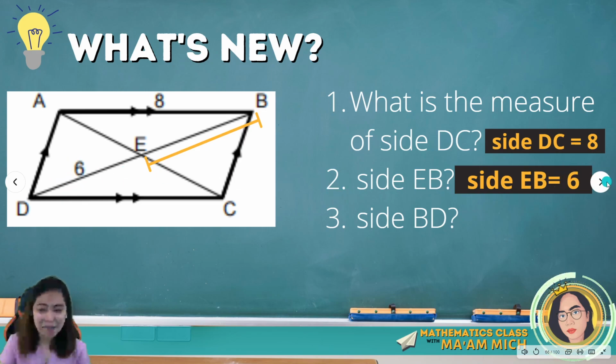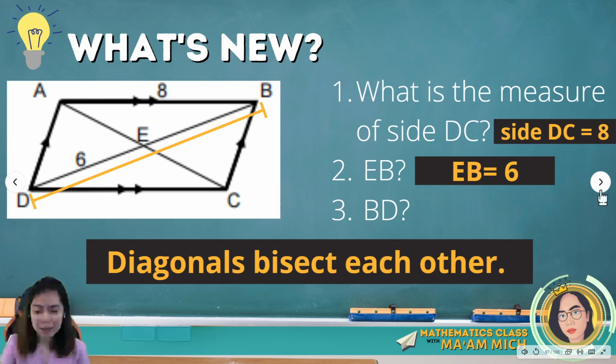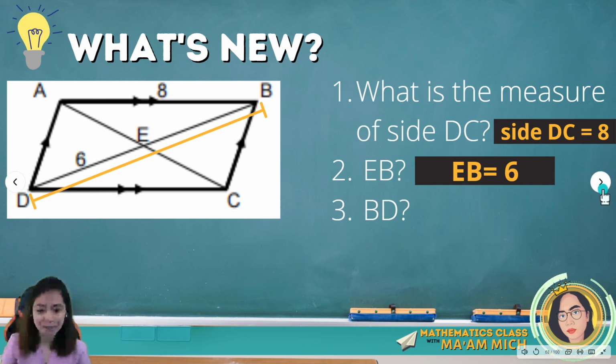How about side EB? The reason why EB is equal to 6 units is that diagonals bisect each other, using the property of a parallelogram that states diagonals bisect each other. Number 3.